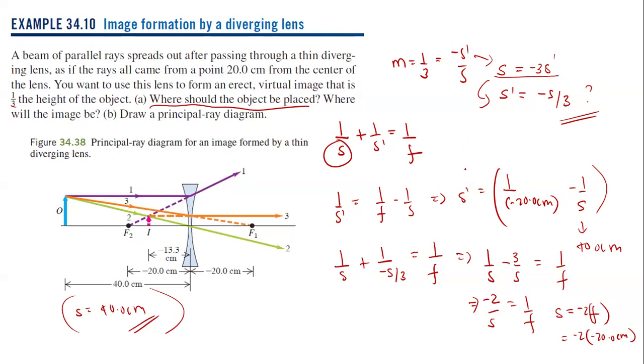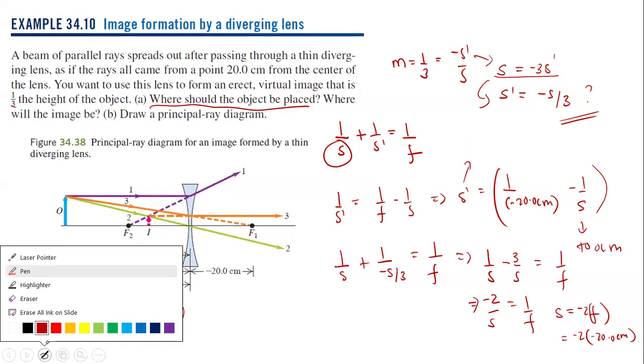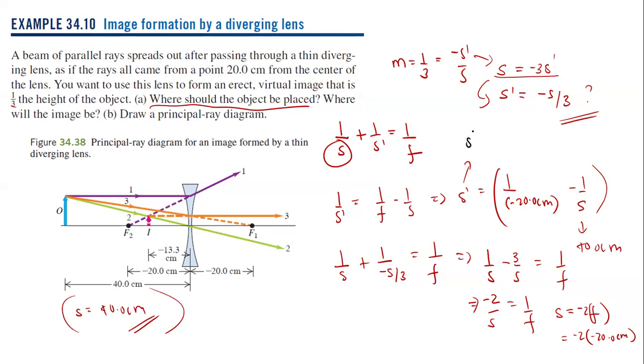Okay, if you do the calculations, 1 over s prime is negative 1 over 20 plus 1 over 40.